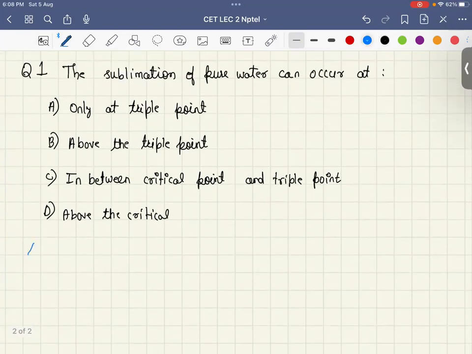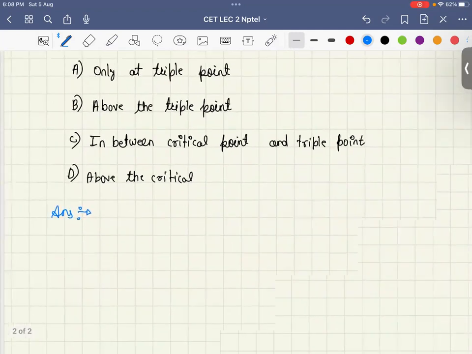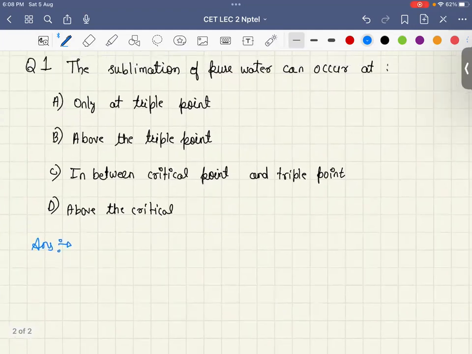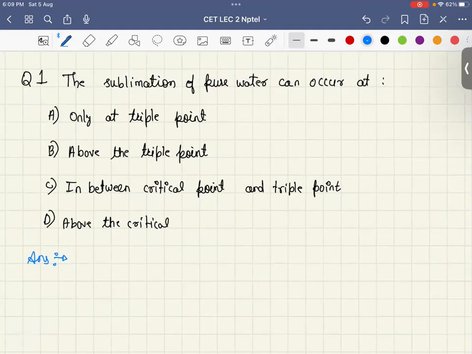Does anybody have any answer? Anybody would like to attempt? For this you must know what is critical point and what is triple point.